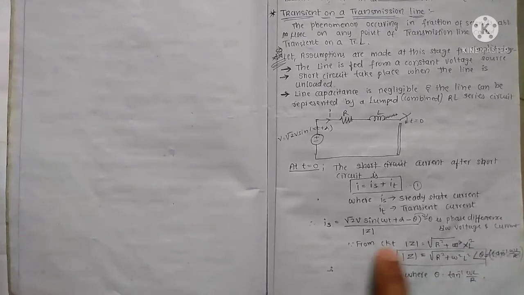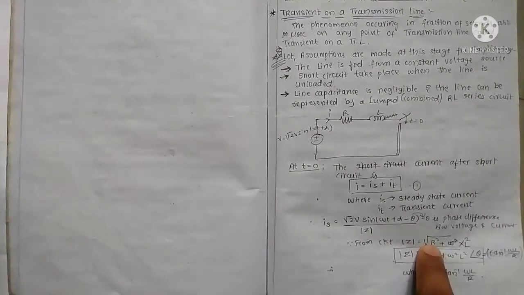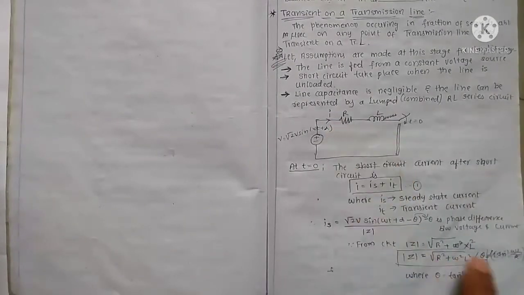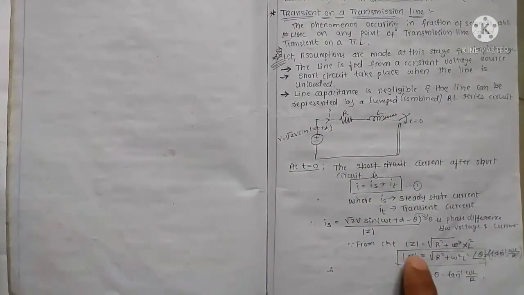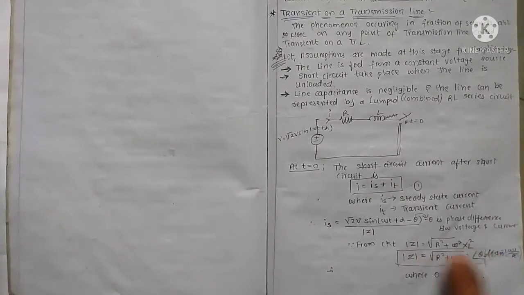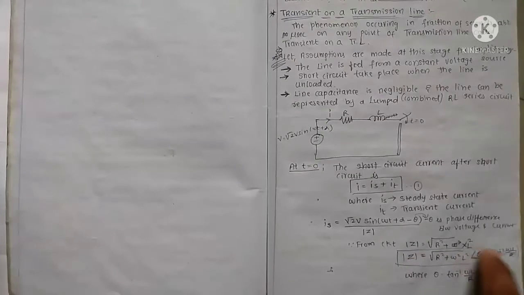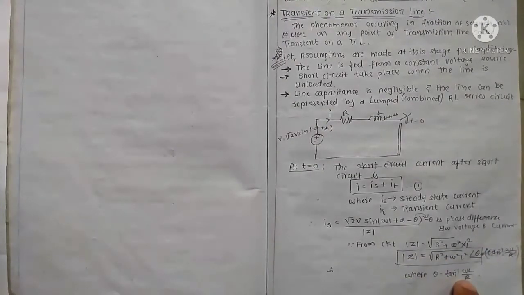From the circuit, the magnitude of impedance is equal to the square root of R squared plus XL squared, that is R squared plus omega squared L squared, with XL written as omega L. This impedance is written with the angle theta, where theta is equal to tan inverse of omega L divided by R.